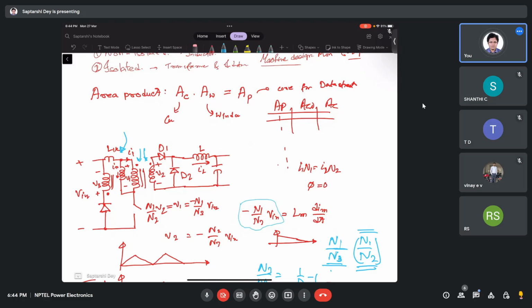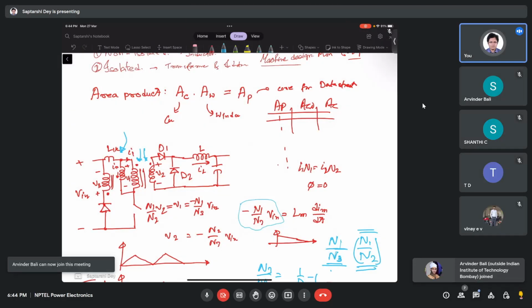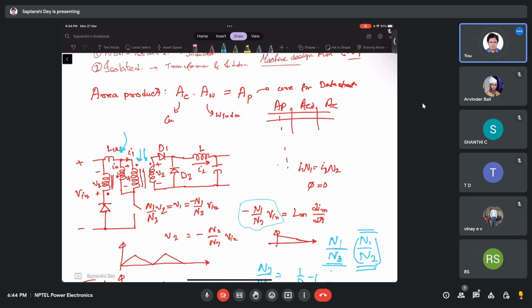These are not inductors. This is a circuit representation of the transformer. This magnetizing inductance is an inductor. So if you apply volt second balance here, it will work.